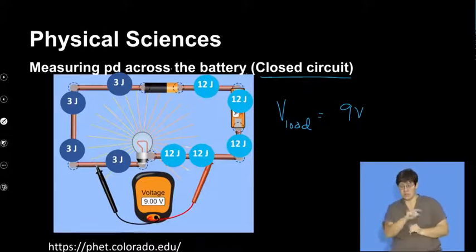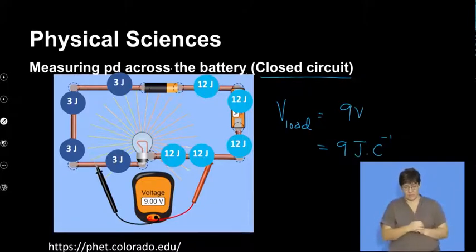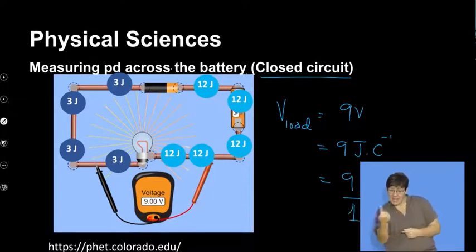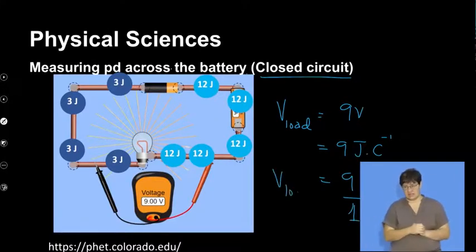So 9 volts suggests that there are actually 9 joules per coulomb of charge. That's the amount of work done for every coulomb of charge. So it means, in other words, we've got 9 joules of work done for every coulomb of charge. That's our V load, or in other words, this is our V external, right?